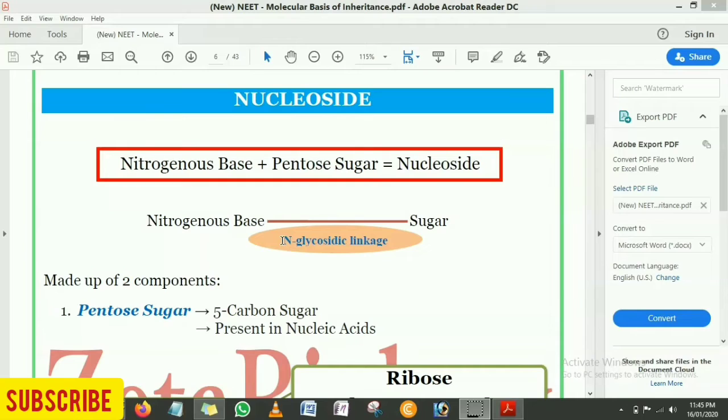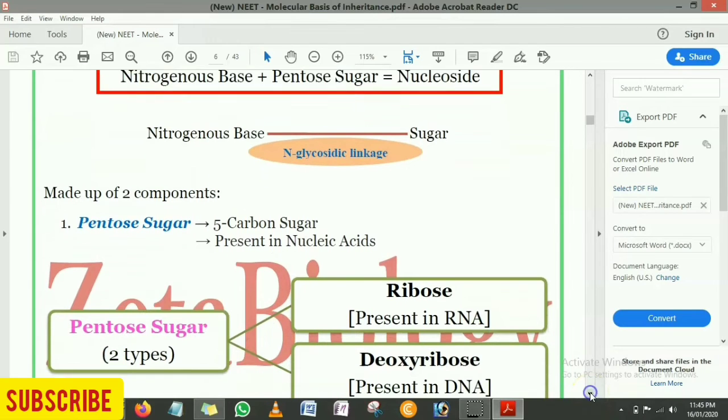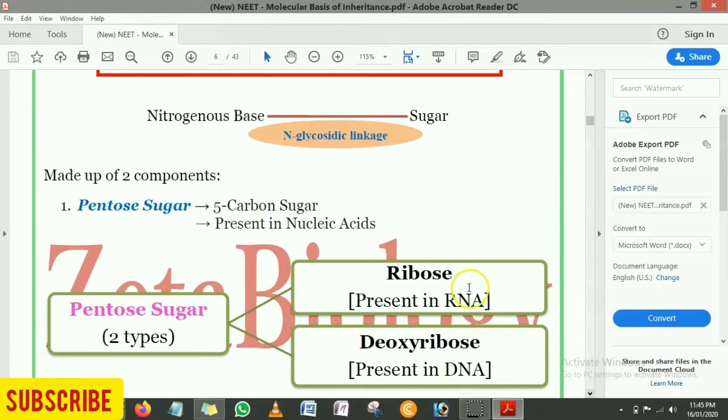Only two components are present in the nucleoside, and the bond present between the nitrogenous base and pentose sugar is called N-glycosidic linkage. This is a really important MCQ, so you should remember it. The bond present between nitrogenous base and sugar is N-glycosidic linkage.